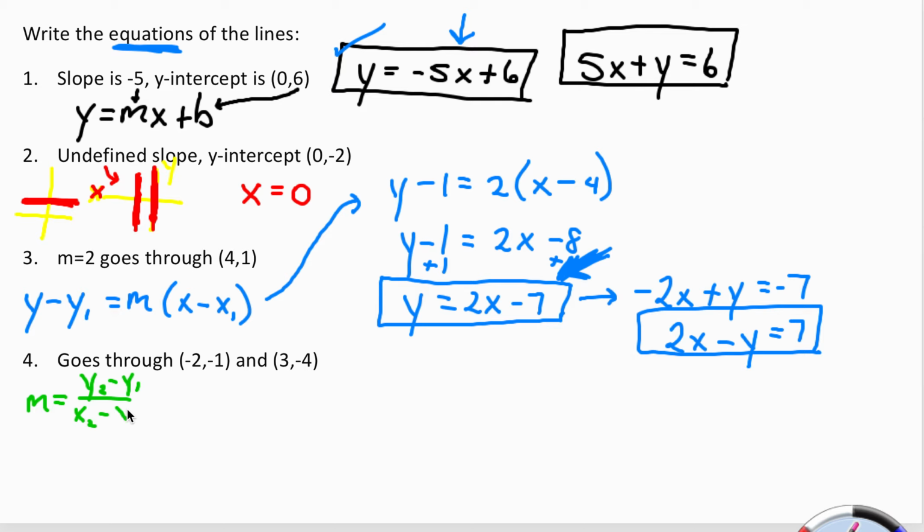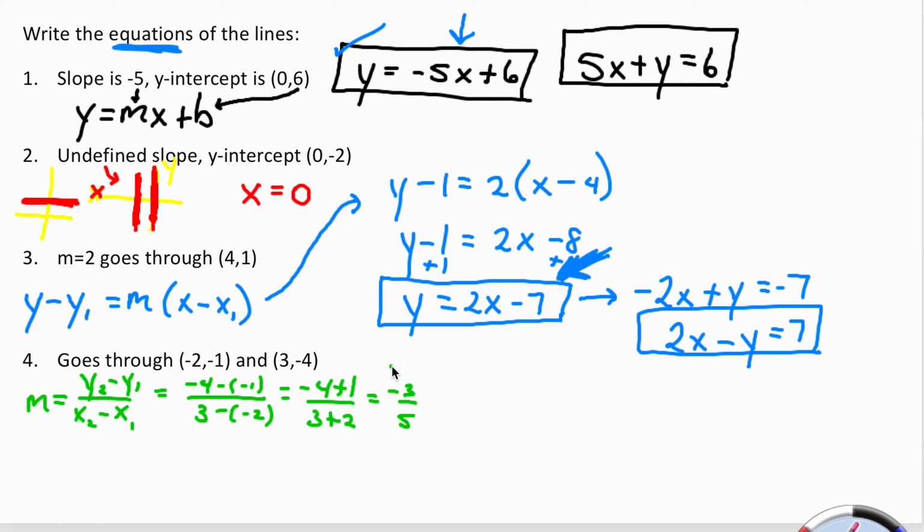Rise over run. So let's plug that in. -4 minus -1 over 3 minus -2. Let's get rid of those double signs. -4 plus 1, 3 plus 2, so -3/5.